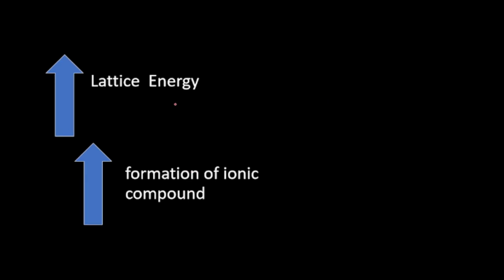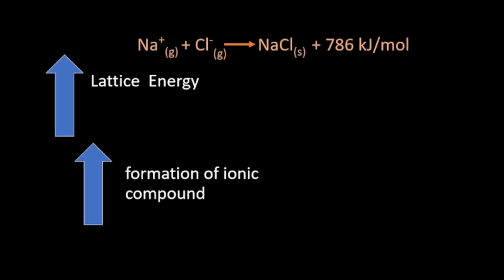Finally, what is meant by lattice energy? Look at the formation of sodium chloride. When sodium chloride is formed from Na+ and Cl- ions, 786 kilojoule per mole of energy is released. So the energy released when 1 mole of an ionic compound is formed from its gaseous ions is called lattice energy.